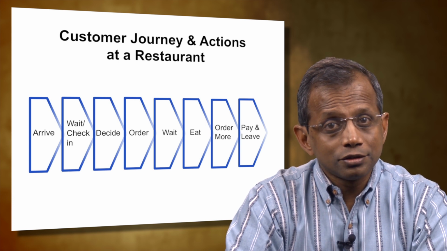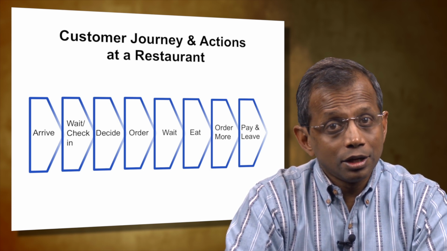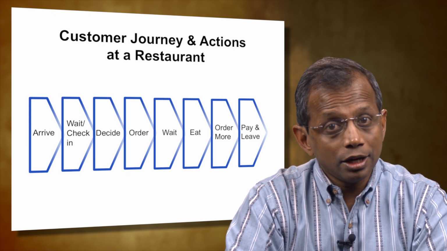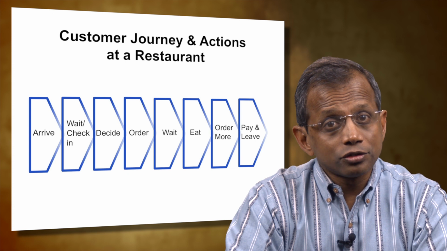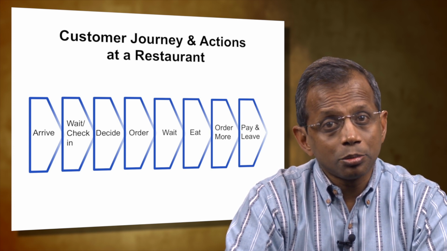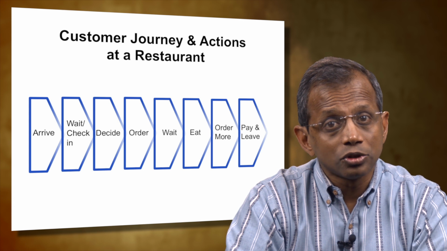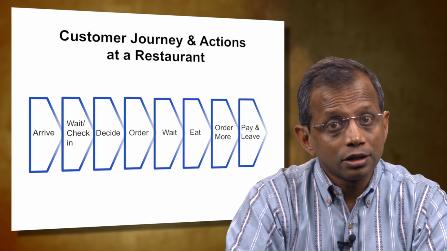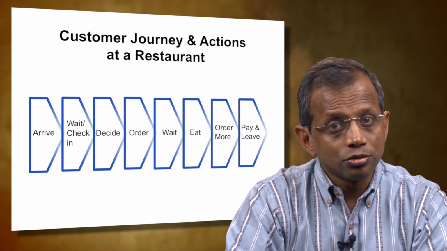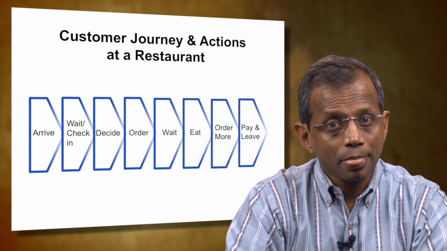The food arrives, you enjoy it, place more orders like desserts, pay, and then leave. Of course, some steps are combined in the case of a fast food restaurant. For example, you order once all the items you need and may also pay up front. For now, let's consider a sit-in restaurant to understand a service map.